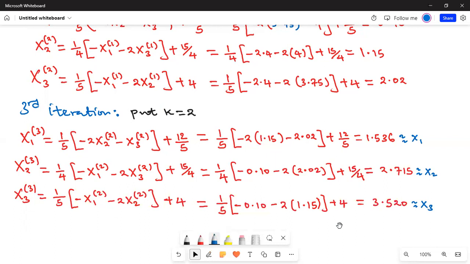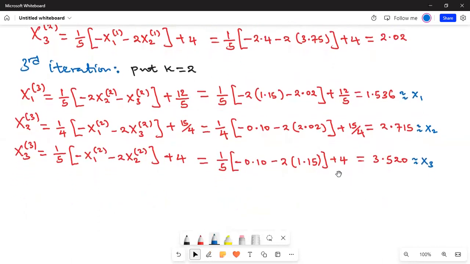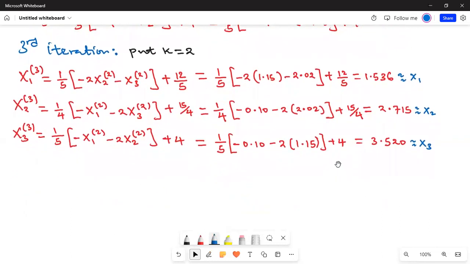Let's compare with the exact solution. Remember, you can find the exact solution of that linear system. You could use Cramer's rule or matrix inversion method or LU decomposition to find the exact values of x1, x2, and x3.